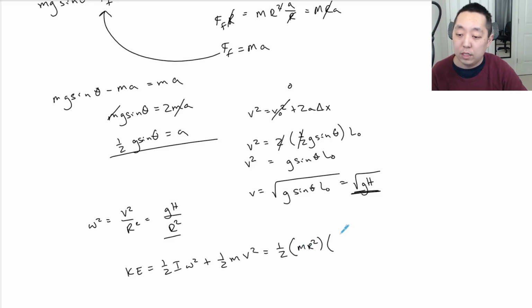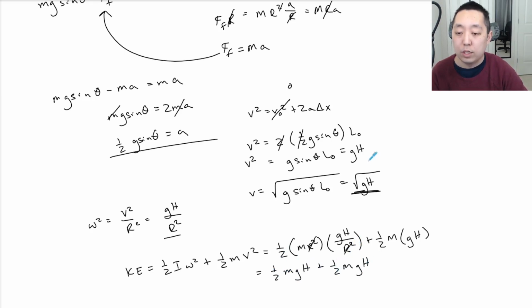Omega squared is gh over r squared. And then plus 1/2 times its mass times its v squared, which is gh, which we found right here. So here the r squareds will cancel, and you get 1/2 mgh plus 1/2 mgh. Oh, sorry, it should be h0. I should be a little more careful and use the same letters as I was using before.